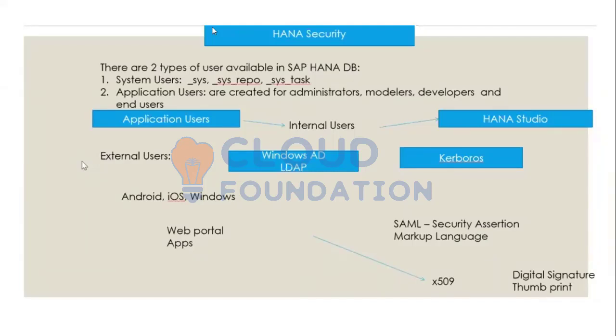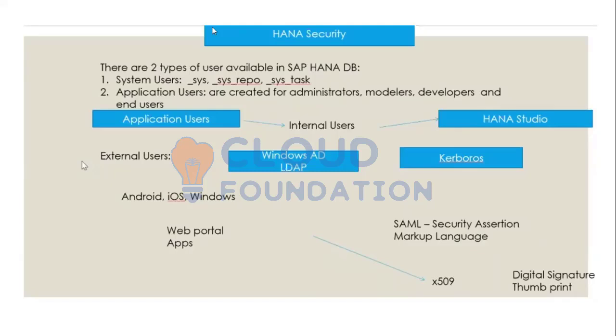If you have an idea of the ECC or S4 background, in ECC and S4 we call programs T codes, that is transaction codes, and we restrict the access to transaction codes to the users with the help of roles.